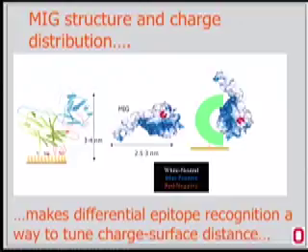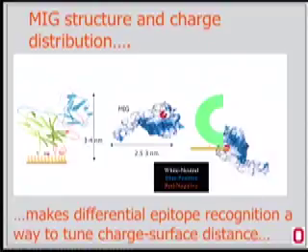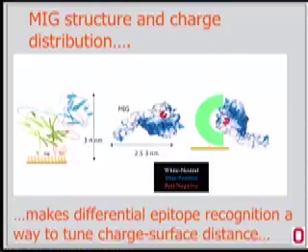But what you can see is that I'm moving around the position of the charges relative to this sensing surface, right? So I can adjust proximity this way.